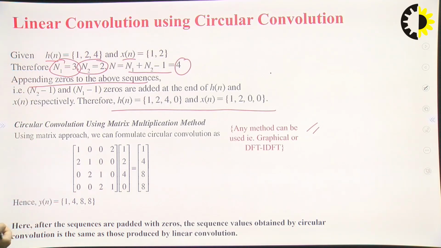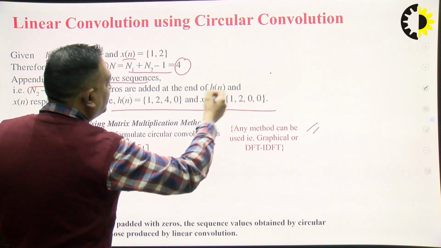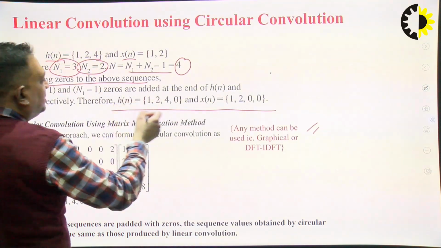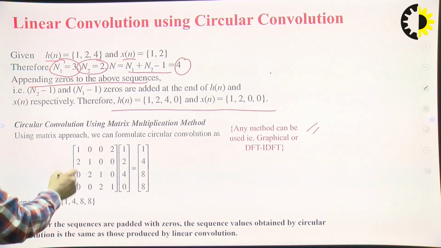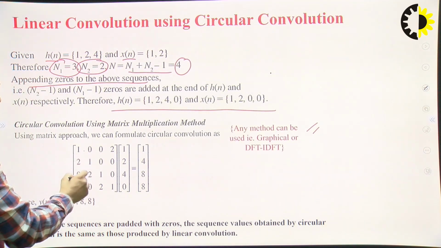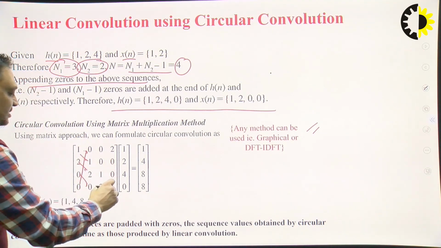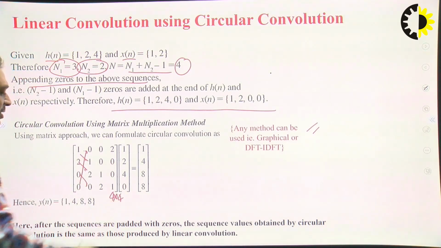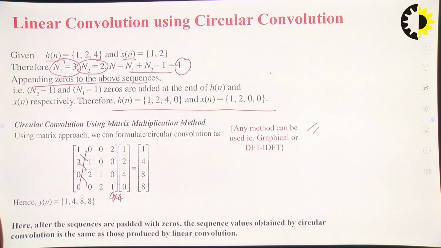So we will take the first sequence, and with the help of the second sequence we make a matrix, and with this particular sequence we will multiply it. So this is 1 2 0 0, then the second row 0 1 2 0, and so on in a similar manner. The length of the sequence is 4, so the matrix obtained is a 4 by 4 matrix, and then we will multiply it by 1 2 4 0. So we will get the value 1 4 8 8.